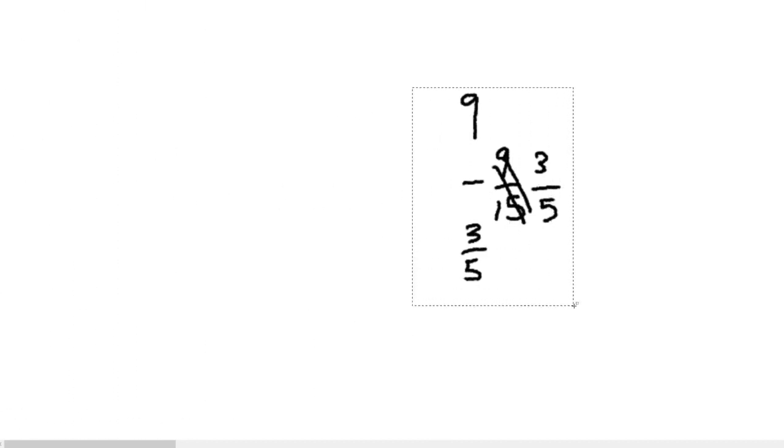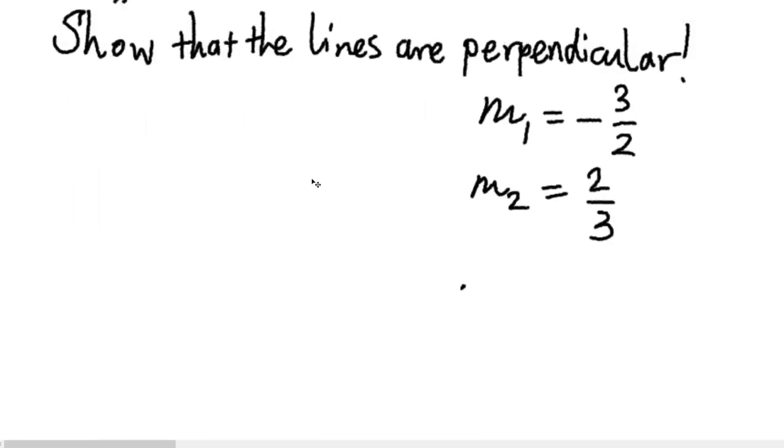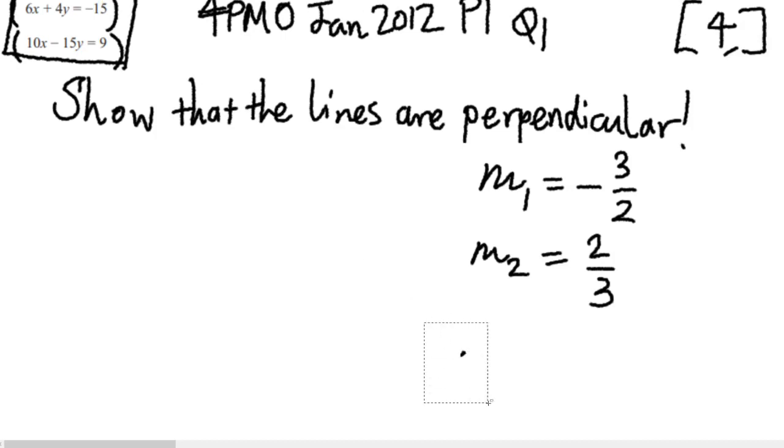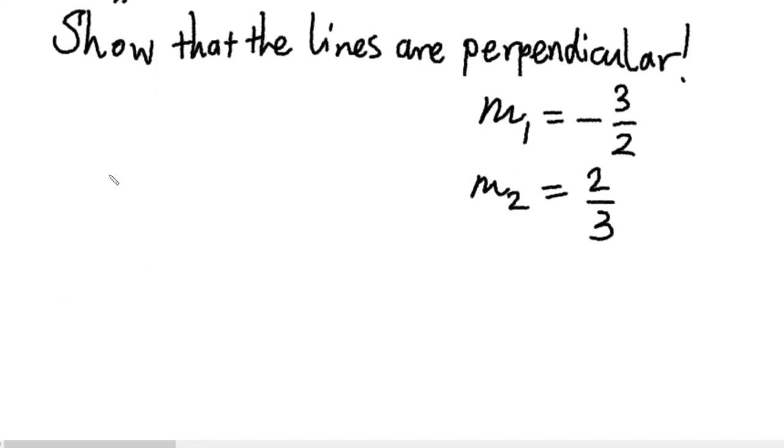So how do we get from that information to an actual proof that the lines are perpendicular? Well, think of it this way. If you have a straight line that goes up 3 spaces for every 10 spaces across, how would you make a line that's perpendicular to that?